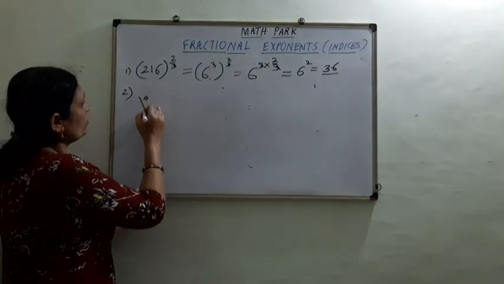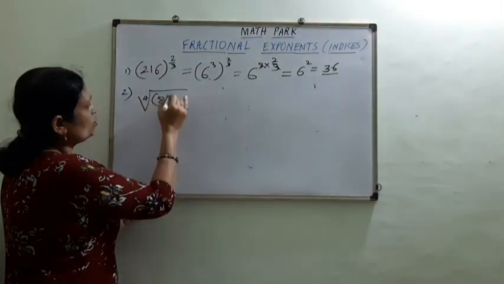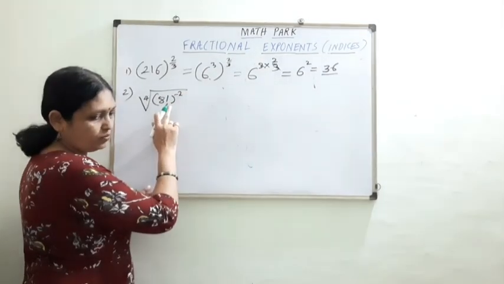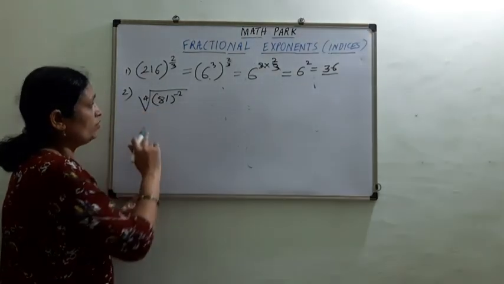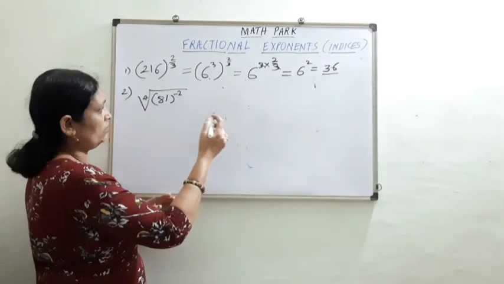So let us take another question. Say 4th root of 81 raised to minus 2. Now, first as we have seen, nth root of x is x raised to 1 by n.